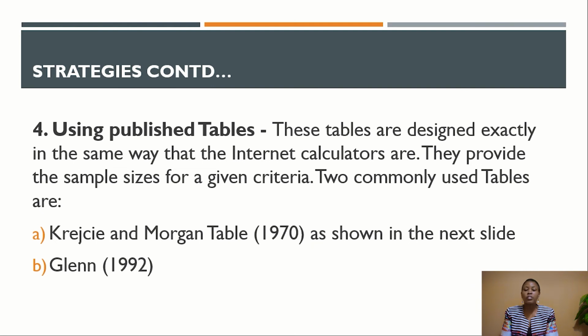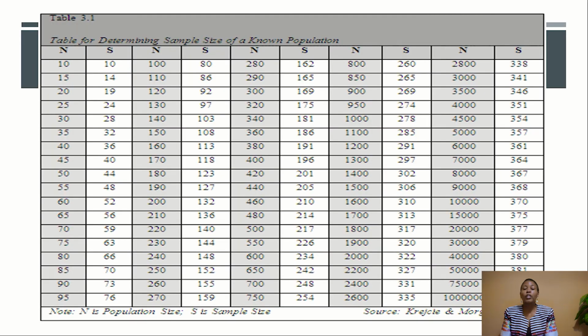Two commonly used tables are the Krejcie and Morgan table and the Israel table of 1970 and 1992 respectively.